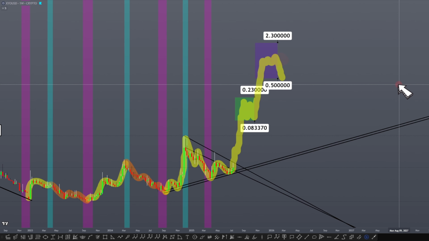In general, I'd probably say at earliest late Q3, more reasonably sometime Q4, but then extending maybe into Q1 of 2026.